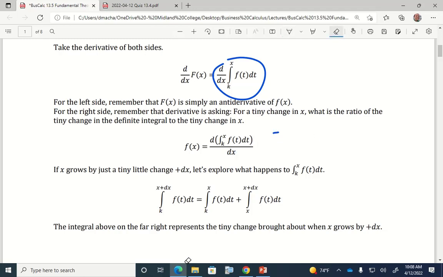If x increases by just a little bit, then the upper bound of that integral increases by just a little bit, so you expect the area under the curve to increase by just a little bit. And then again, when we take the derivative, we're talking about a specific ratio where I divide that tiny change by that tiny change.